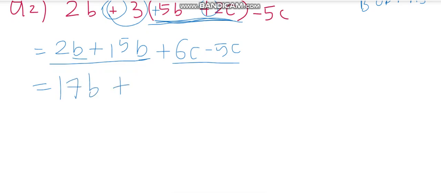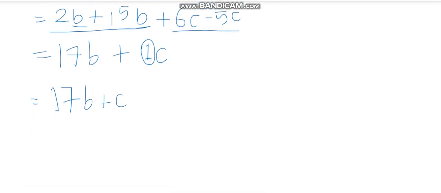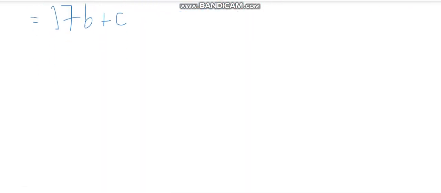Plus 6 minus 5 equals 1, and c remains the same, which equals 17b plus c. I just removed the 1 here because usually when we're doing algebra questions, we ignore the 1. Okay, so we've got an answer, 17b plus c.